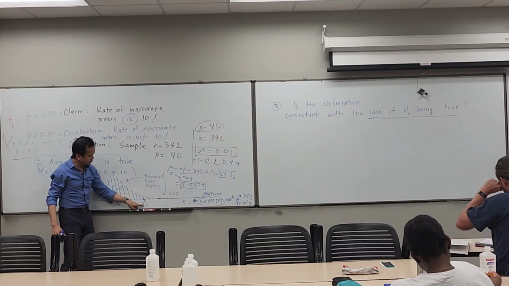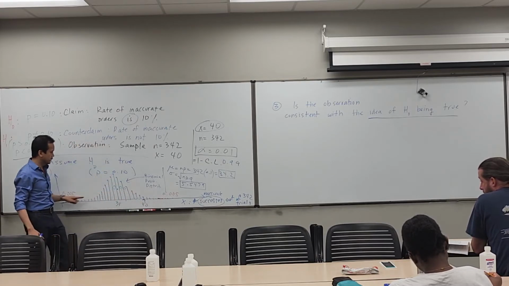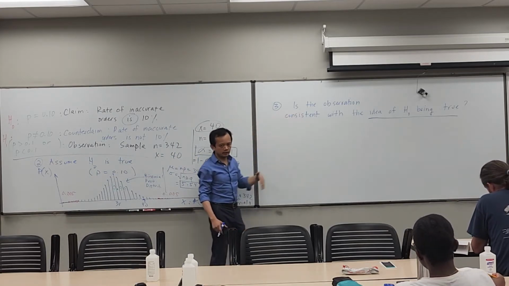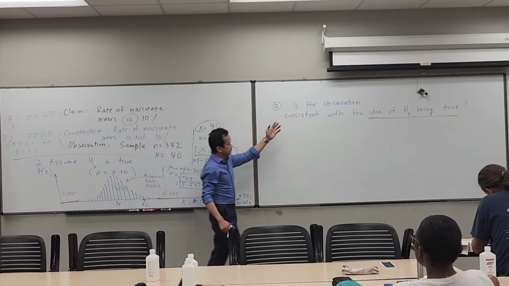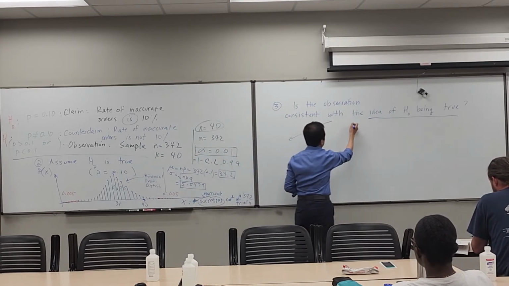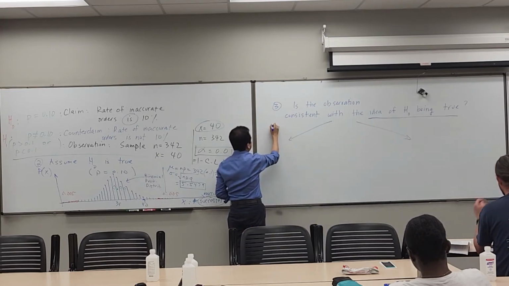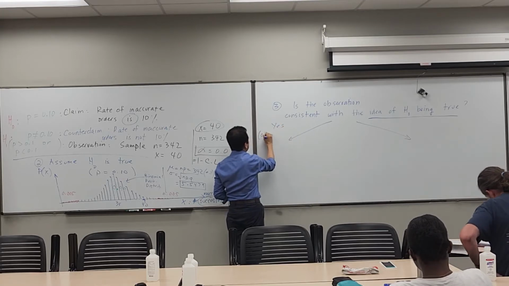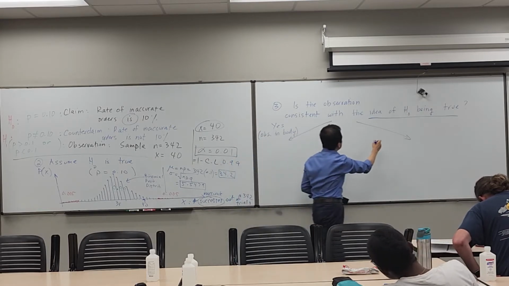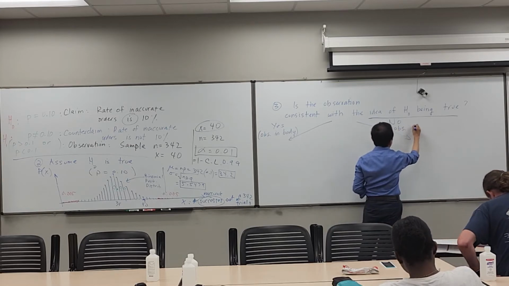But if the observation of 40 inaccurate orders had been in the tail of the distribution, either red area, then the answer would have been no, the observation would not be consistent with the idea that H0 is true. So this question can be answered only one of two ways. It's a yes or no question. Yes implies that the observation is in the body of the distribution, or no, implying that the observation is in the tail.